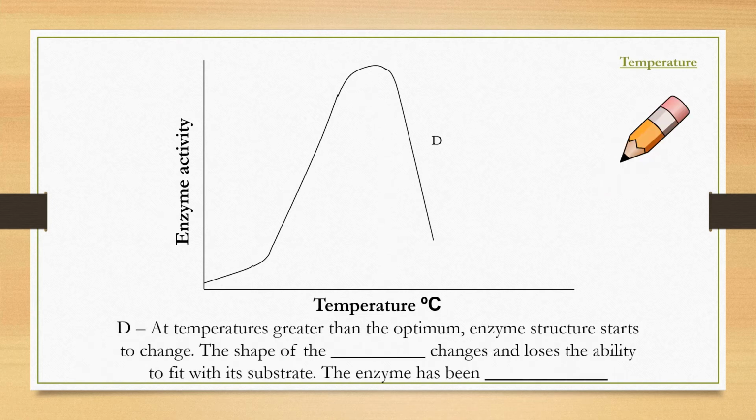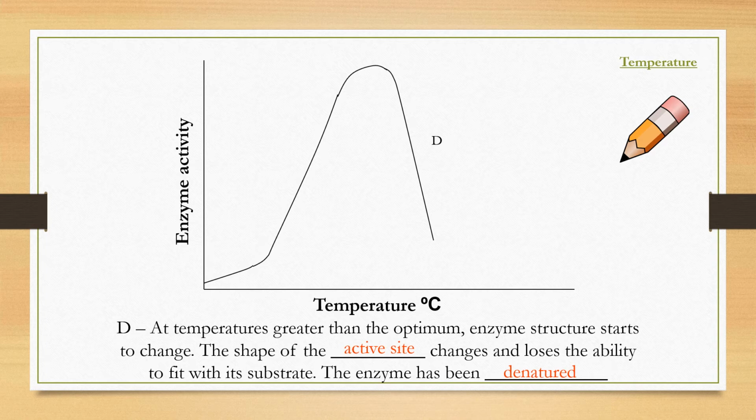So above the optimum, we start to see a decline, so quite a big decrease. And that's because as the temperature becomes greater than the optimum, the enzyme structures start to change. So the shape of the active site changes and loses the ability to fit with its substrate. And when this happens, the enzyme becomes denatured. So it's when the active site changes shape and can no longer bind to its substrate.